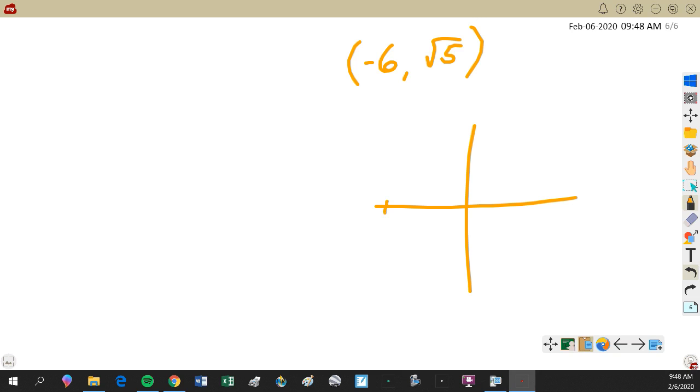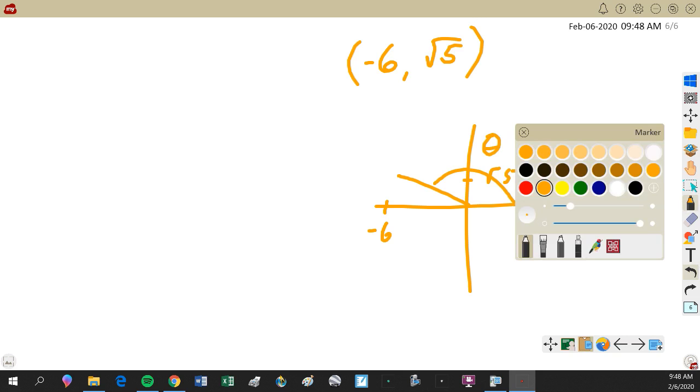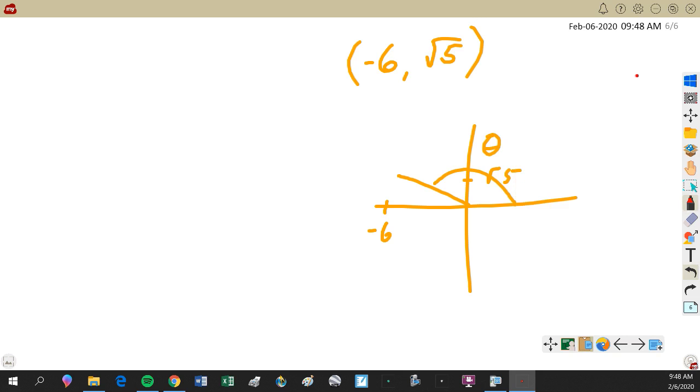So -6 on the x-axis and the square root of 5 on the y-axis. So here is our angle theta. But we build our triangle in that quadrant connected to the x-axis. So this is the triangle. So the x-axis value is -6 and the y-axis value is the square root of 5.